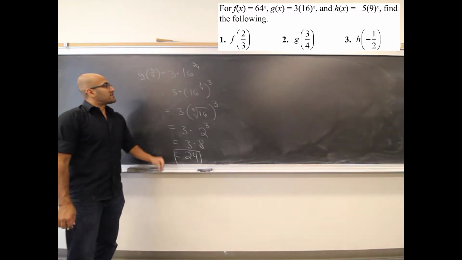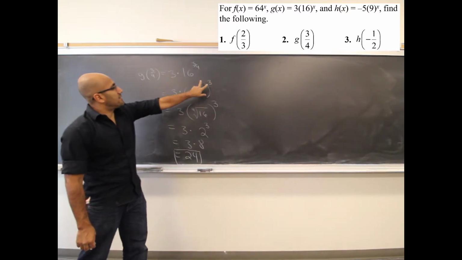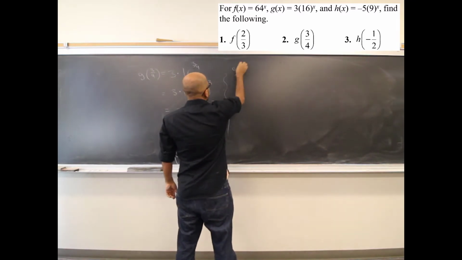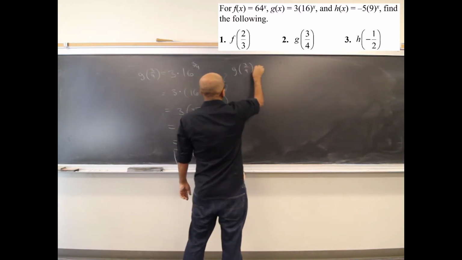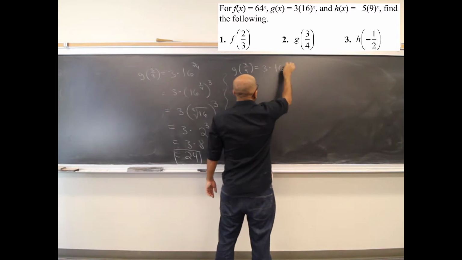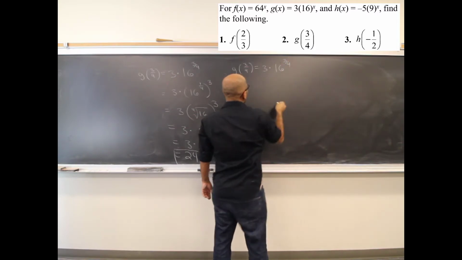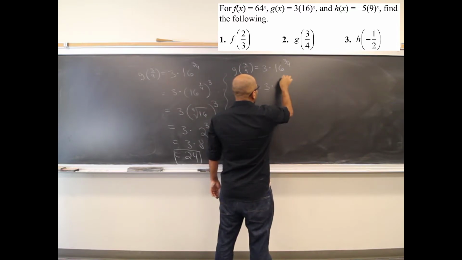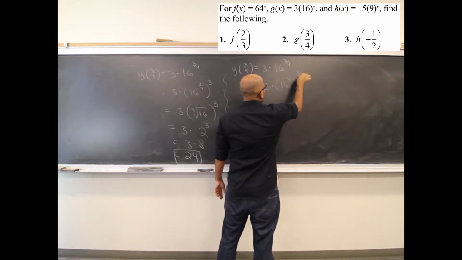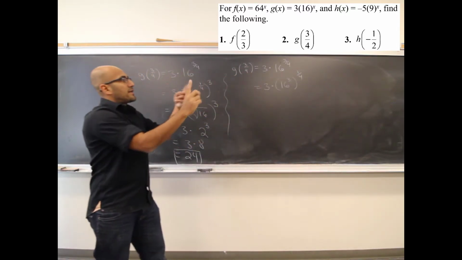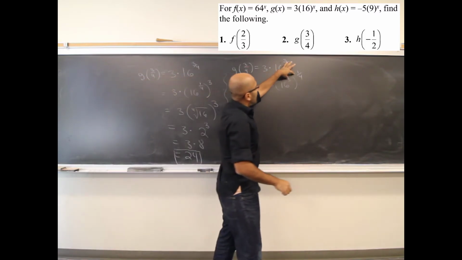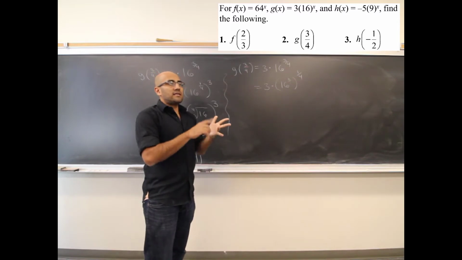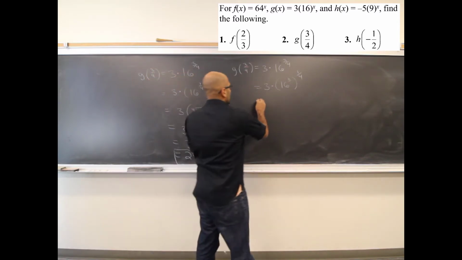But lots of different paths to the answer. We could, again, do it the other way around if you want to. We could say that G of 3/4 equals 3 times 16 to the 3/4 power. We could rewrite this as 16 to the 3rd power raised to the 1/4 power, separating them that way, because I know that when I multiply these, it equals 3/4. But then I'd have to figure out what 16 times 16 times 16 is.